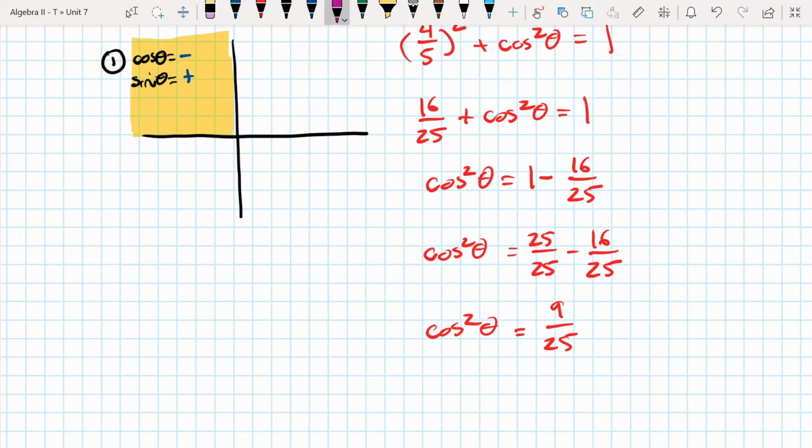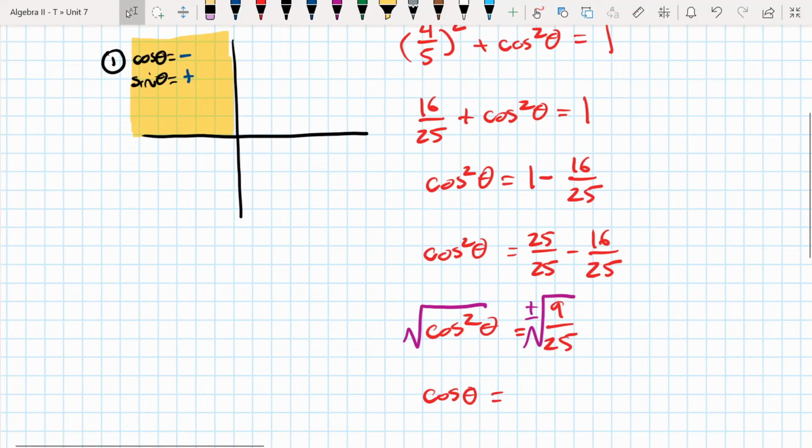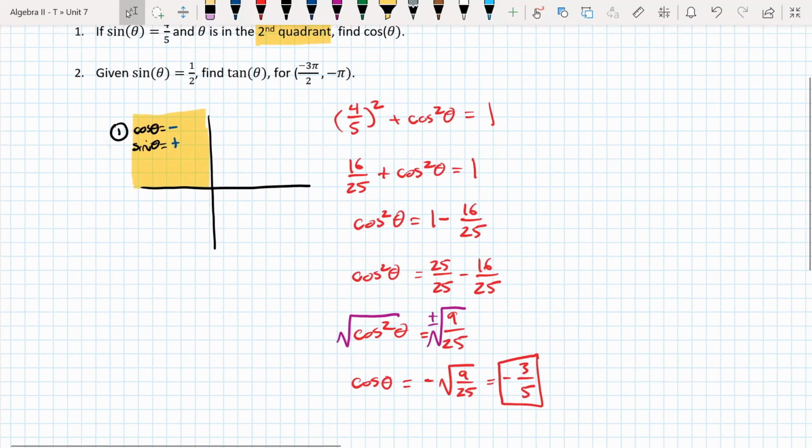And now to wrap this first question up, we're going to take the square root of both sides. Because cosine is negative in the second quadrant, this becomes negative the square root of 9 over 25 equals negative 3 over 5. And so that is the answer for the first question in problem set 1.